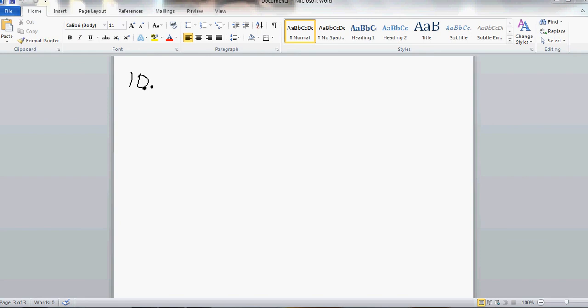Basically that means, does it have a derivative? Now, in order for a graph or a function to have a derivative, two things need to happen. It needs to be continuous, first of all, and then it has to be what is called smooth.